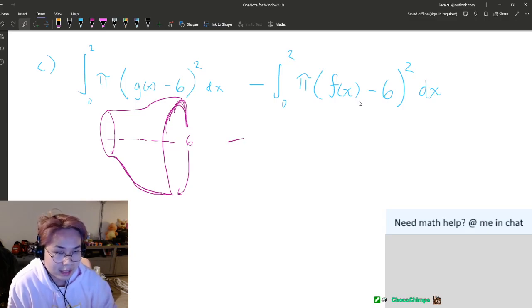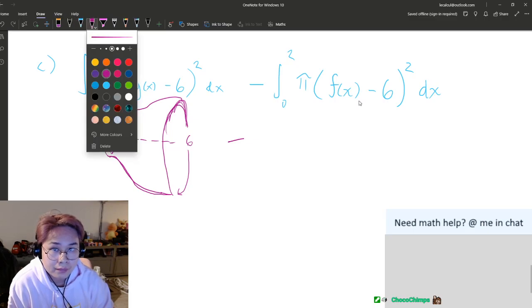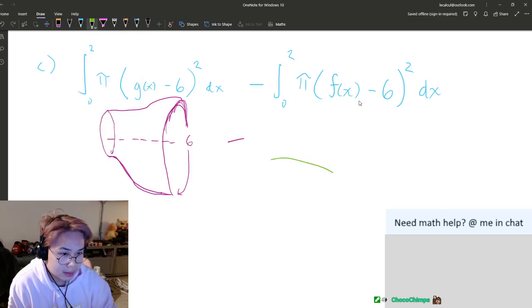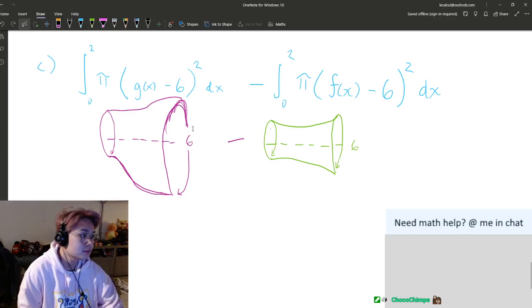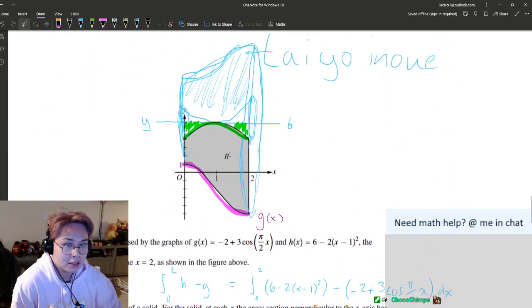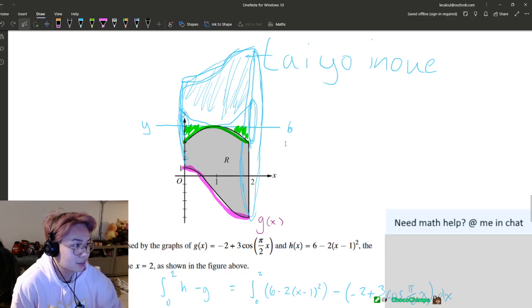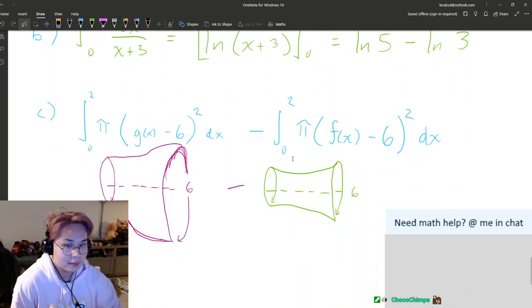And then of course we subtract that inner piece, which was F. Which kind of looks like this. And again, here's 6. So we rotate this around. And then the resulting volume would be R revolved around. So hopefully that makes sense now.